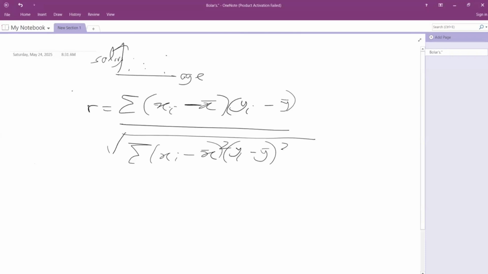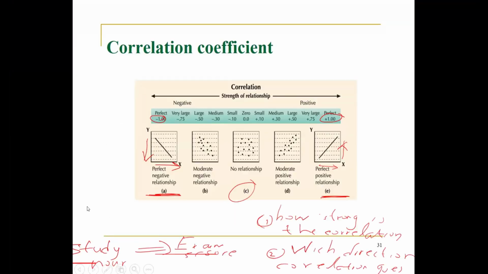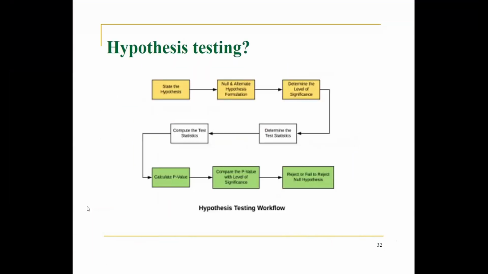This is the equation to find the correlation coefficient of both values. This will give us a value between -1 and 1. So -1 means a perfectly negative relationship, 1 means a perfectly positive relationship, and 0 means there is no relationship between the variables.